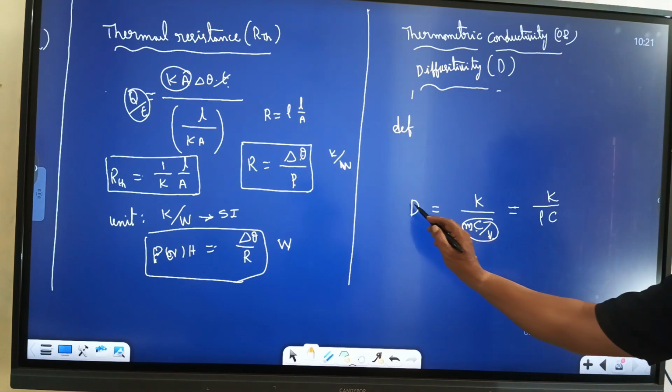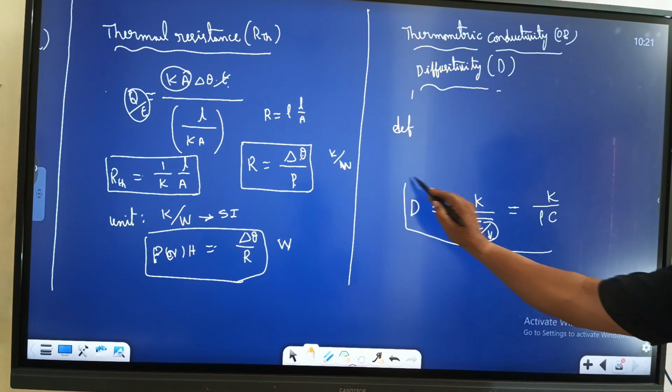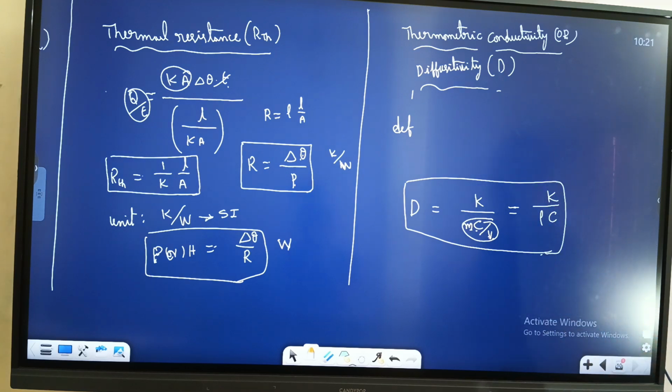So that is the thermal diffusivity formula. Where C is equal to specific heat capacity. So this is called diffusivity.